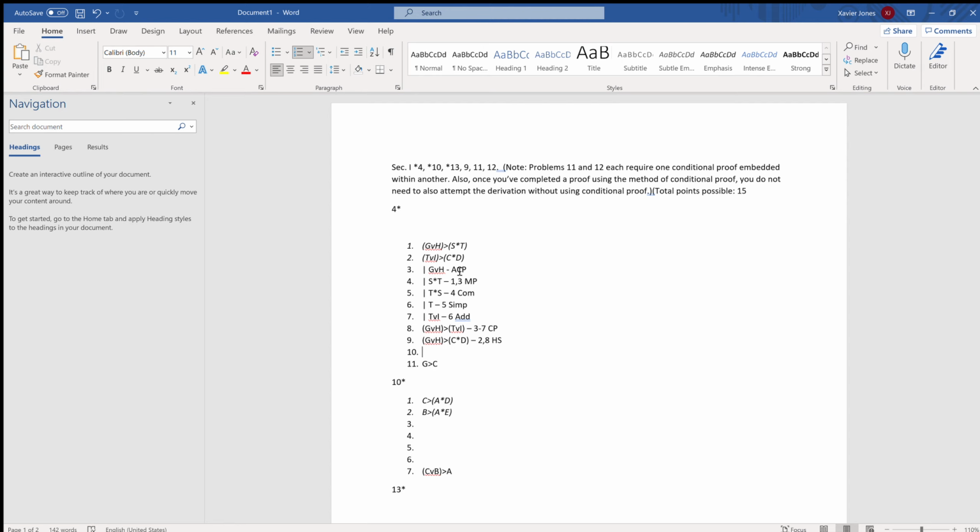So maybe we need to do another conditional. Let me think. I'm really stumped. I have no idea how to go about doing this. Exportation might do something for us, right? Because we have the setup for exportation.